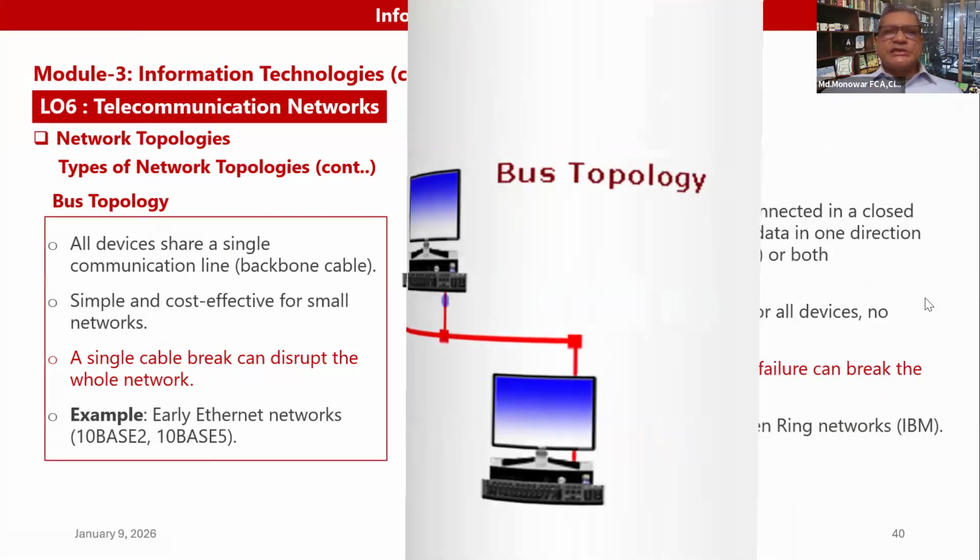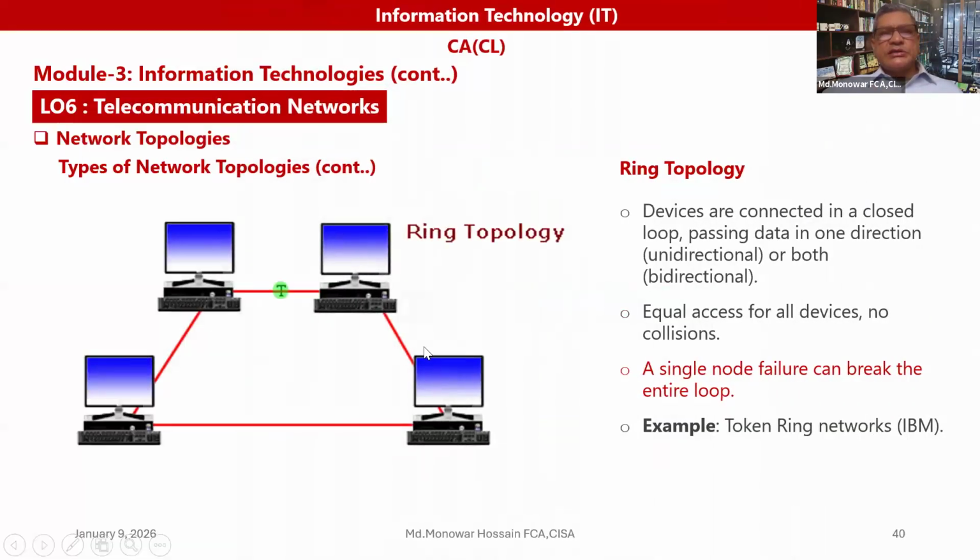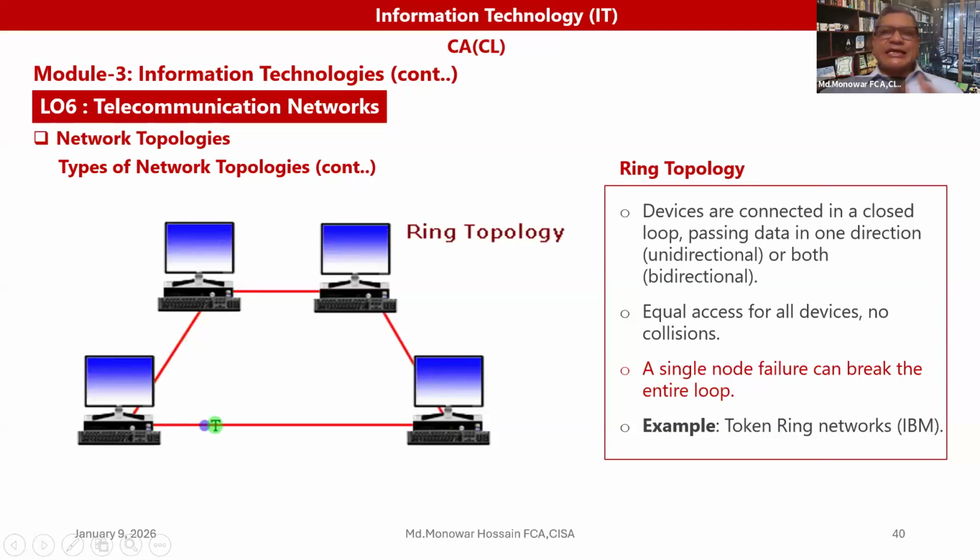And now if we see the ring topology, look here, based on that ring topology. In a ring topology, devices are connected in a closed loop. Look here, all are connected in a closed loop and passing data in one direction or both.